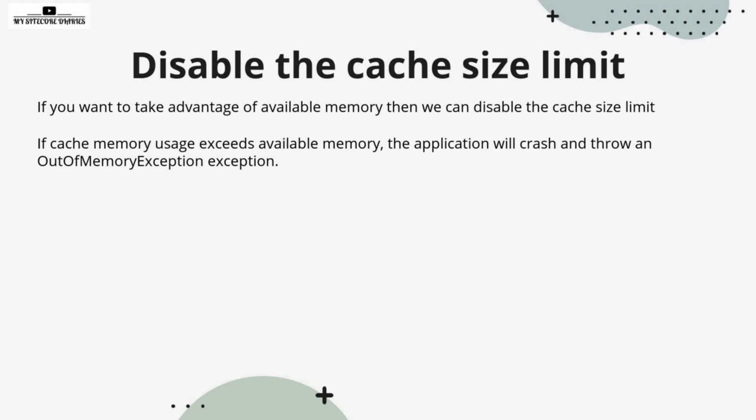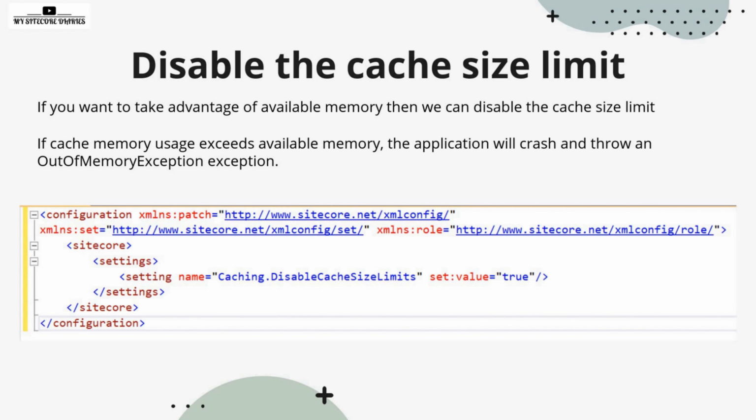If you have not applied the cache limit, it means you are asking the application to manage the memory, whatever is available. So there is no limit on the cache size. It may reach a point where your memory gets exceeded, and then your application will crash.